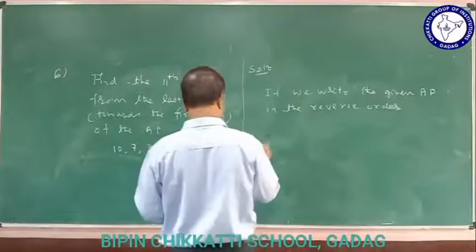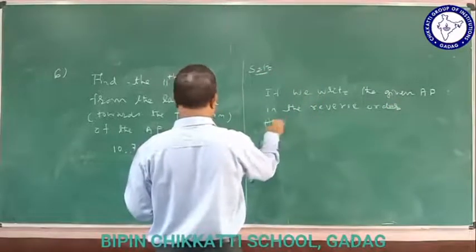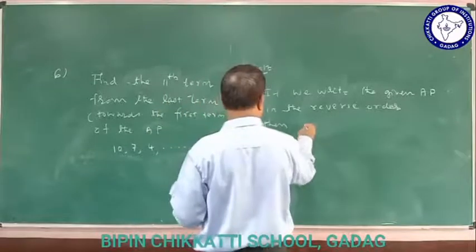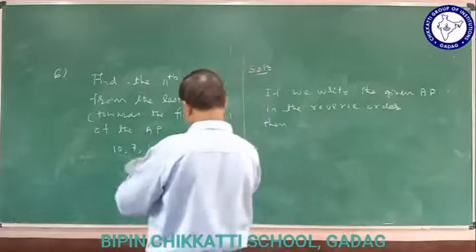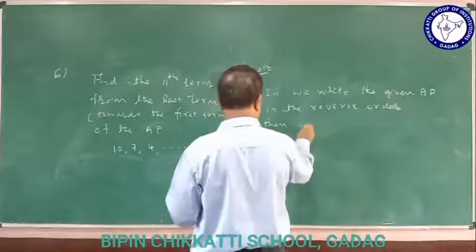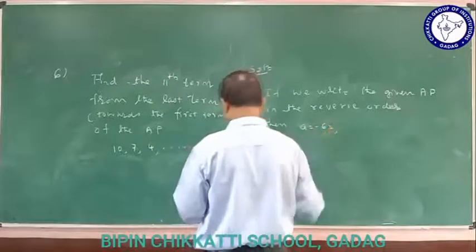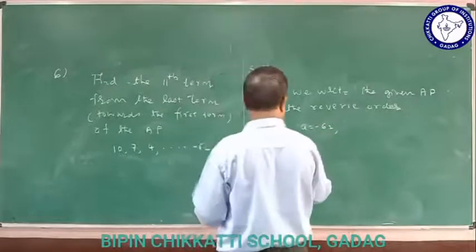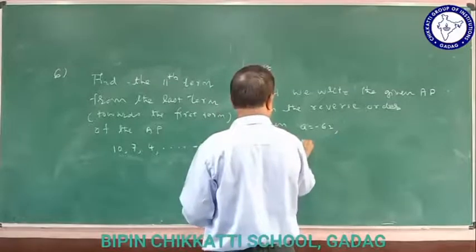What is the first term? Think of it like this: a is equal to minus 62. And what is d?